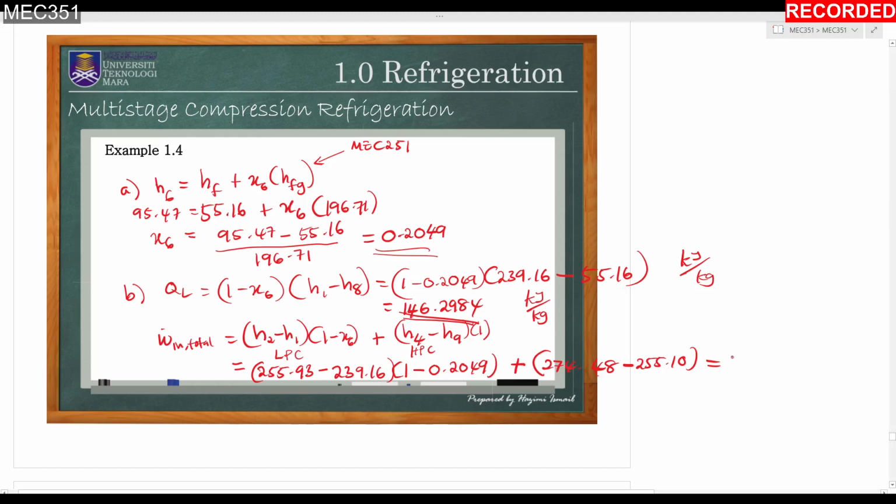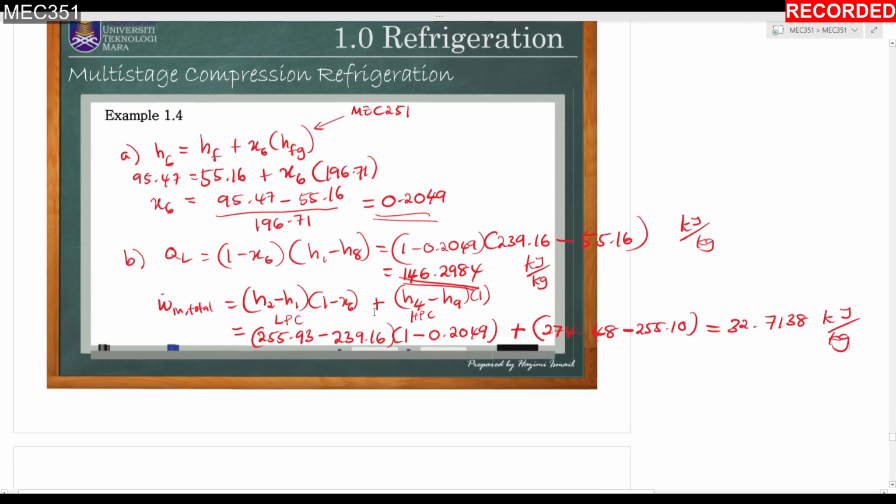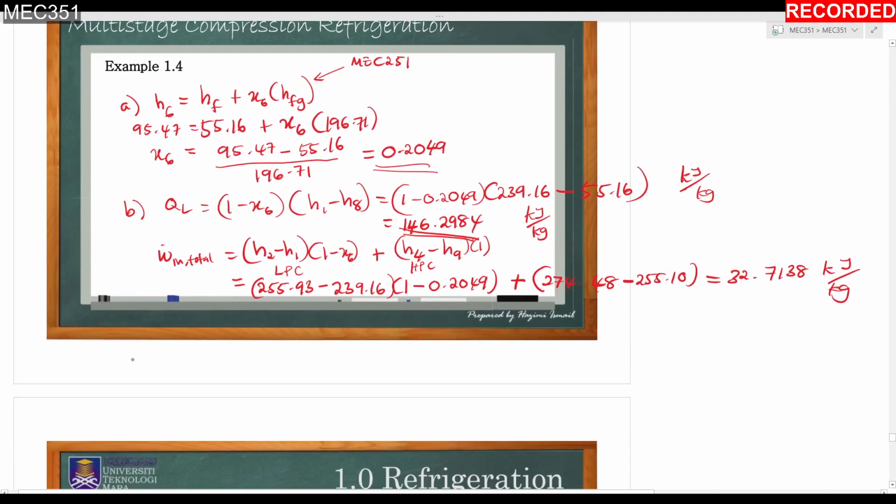Okay, so I get 32.7138 kilojoule per kilogram. Okay, so finally we can calculate COP.